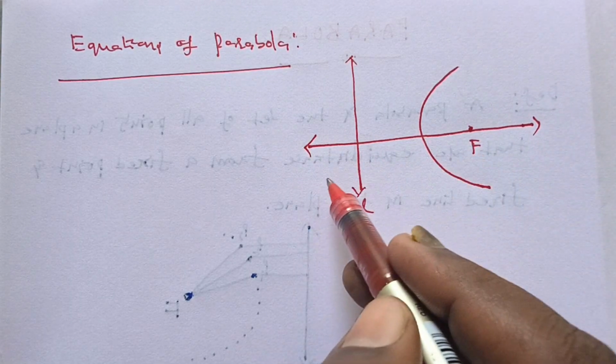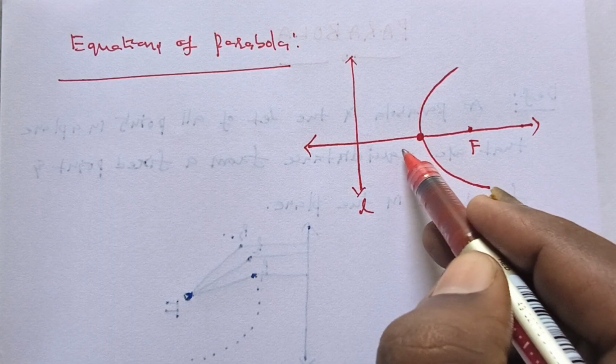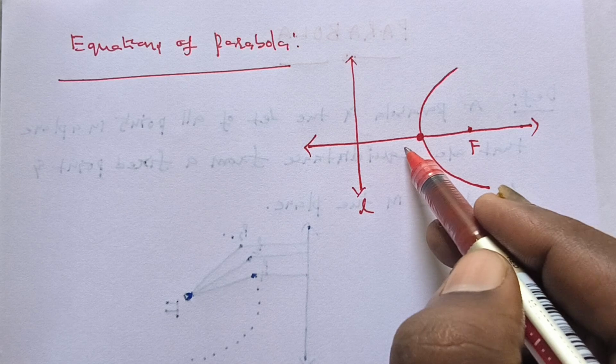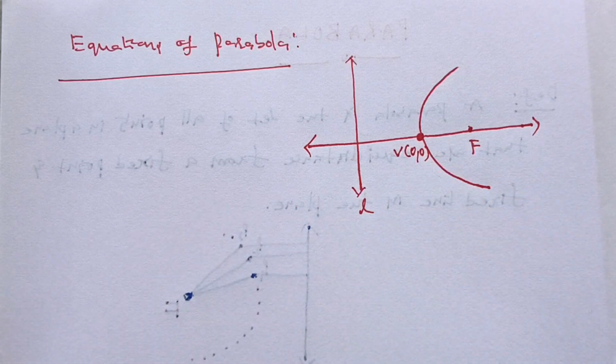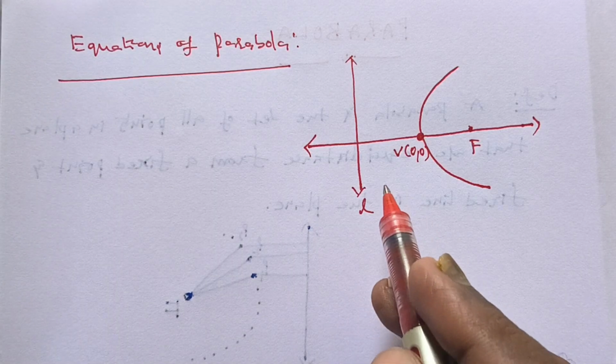So this is the axis and this is the vertex. We assume the vertex is at the origin, so V is (0, 0) here, and this is L.